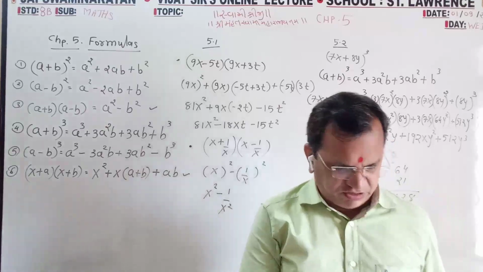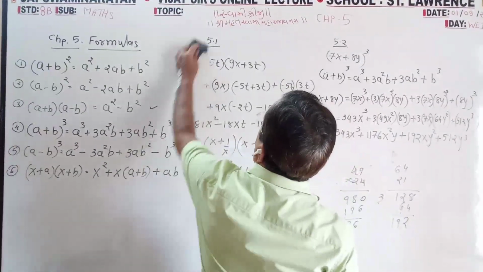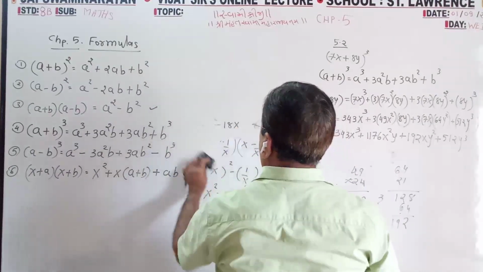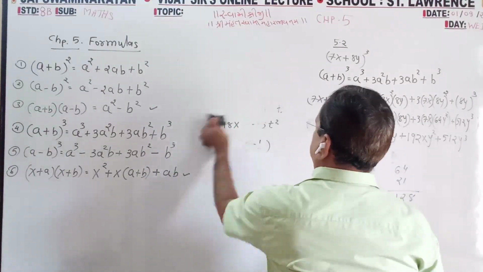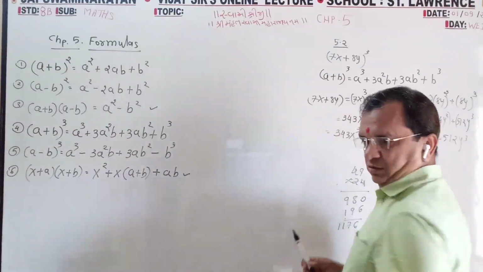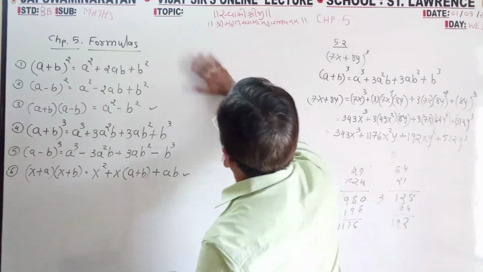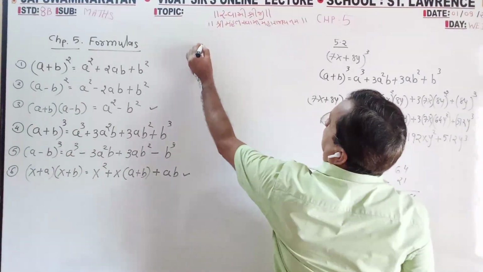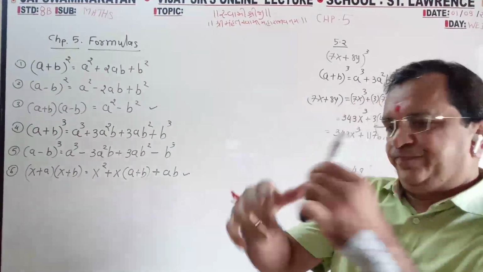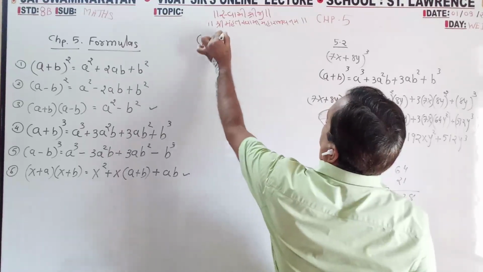For that 101 also, it is given as a numerical. 101 cube.